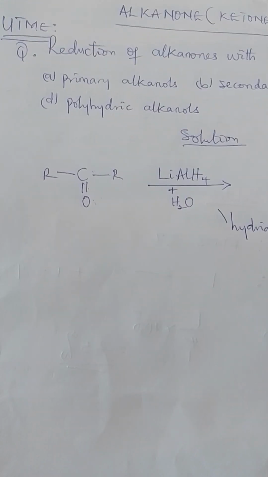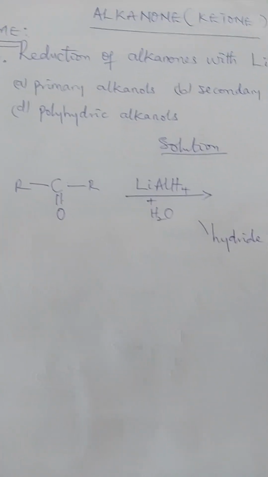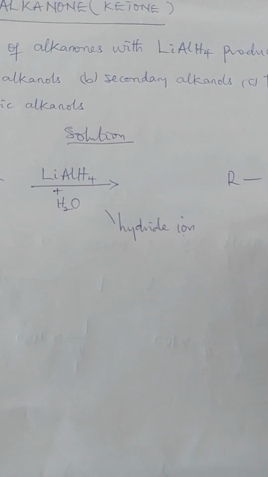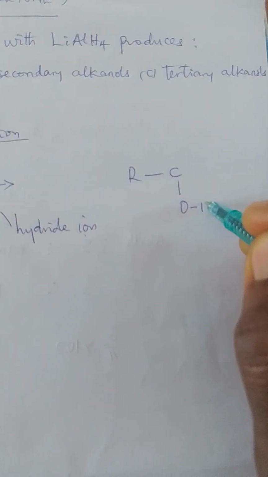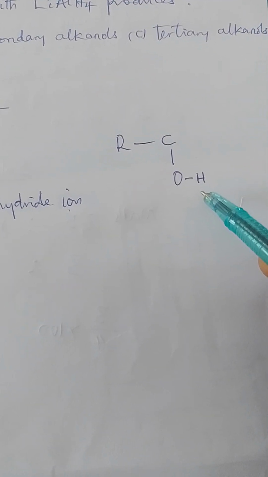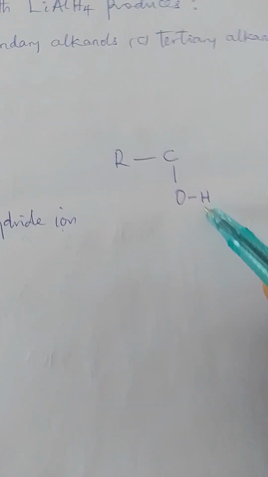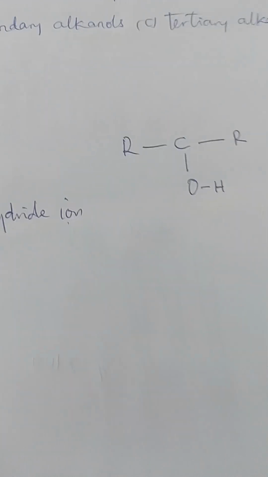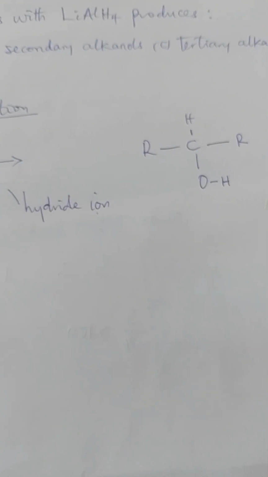Let's say this is the alkyl group and this is the carbon atom bearing it, so it will turn to a single bond, and the oxygen will now bond with the hydrogen, the hydride ion from that lithium aluminum hydride, and will form this. And another one, this is the second alkyl group, of course, and there will be another hydrogen atom here or something like that. Are we together? Okay, good.